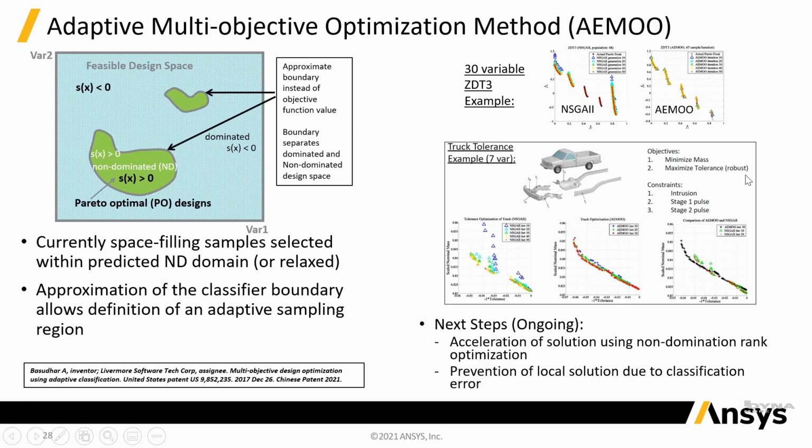For this 7-variable truck problem also, which is a tolerance optimization problem, we can see the comparison between the classifier-based adaptive method and NSGA2. So in this case, the black plus signs represent the classifier-based adaptive solution, and the green and red points represent Pareto optimal fronts using NSGA2 at the 30th iteration, which is the same as the black points, as well as the 50th iteration in red using NSGA2.